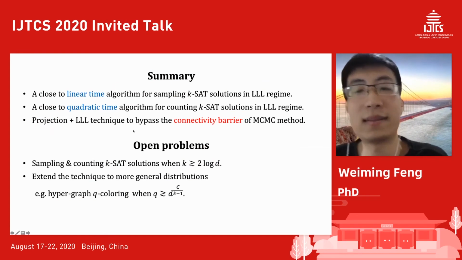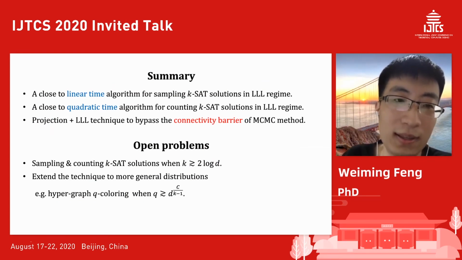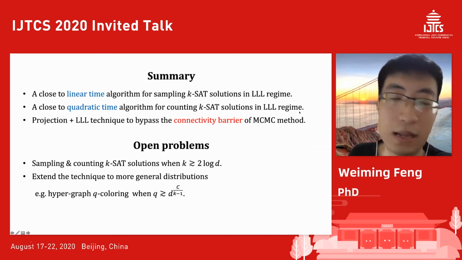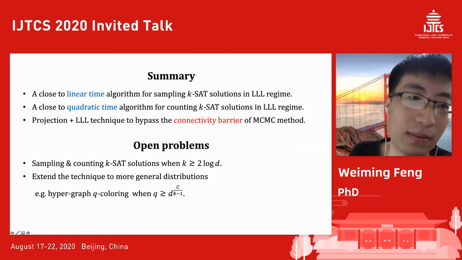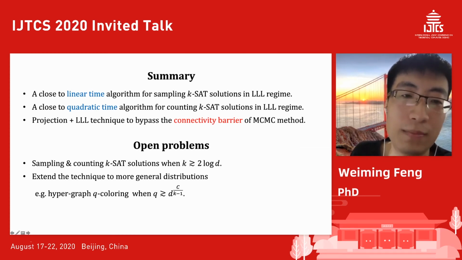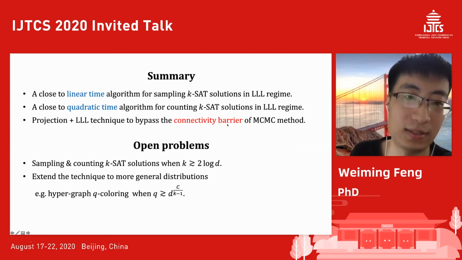Now, to summarize, in this work, we give fast algorithms for sampling and counting k-SAT solutions in the local lemma regime. The running time of our sampling algorithm is close to linear, and the running time of our counting algorithm is close to quadratic time. Technically, we use projection and the Lovász local lemma to bypass the connectivity barrier of the MCMC method.